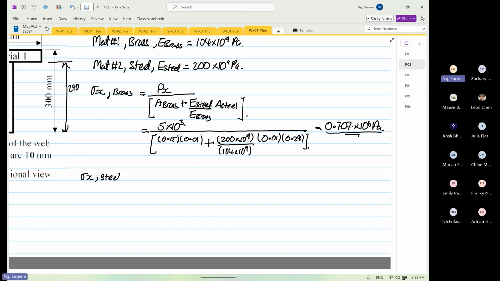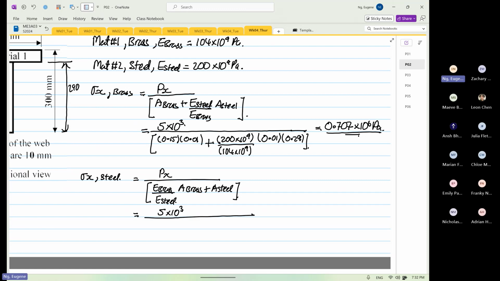for steel. Okay, so this will be equal to Px over E of brass over Young's modulus of steel multiplied by the area of the brass plus the area of steel. Okay, so this is equal to 5 times 10 to the power 3.